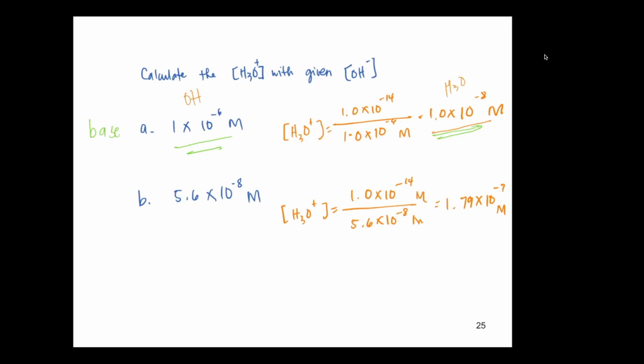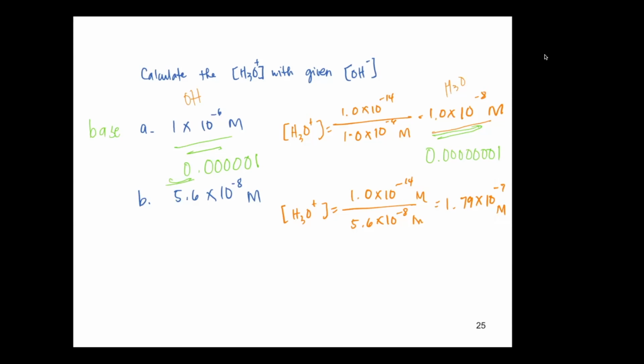Okay? If it's expanded notation, we have here 0.0000001 2 3 4 5 6, and for this side, we have 1, 2, 3, 4, 5, 6, 7, 8. As you can see, the value of OH is greater compared to H3O even in expanded notation.